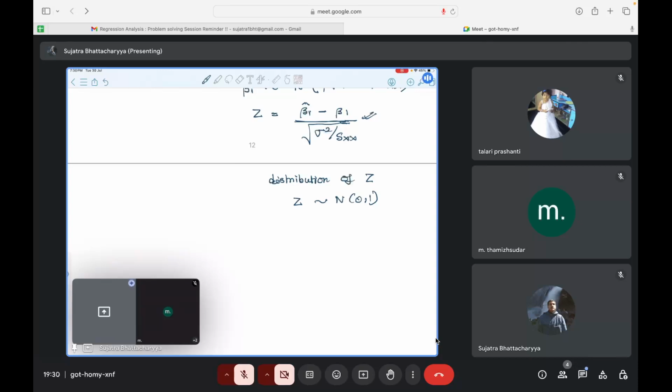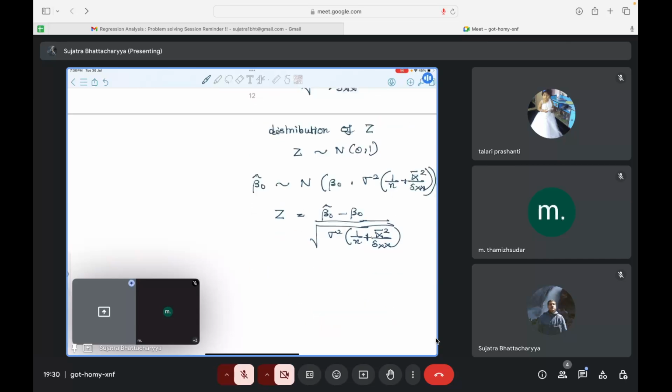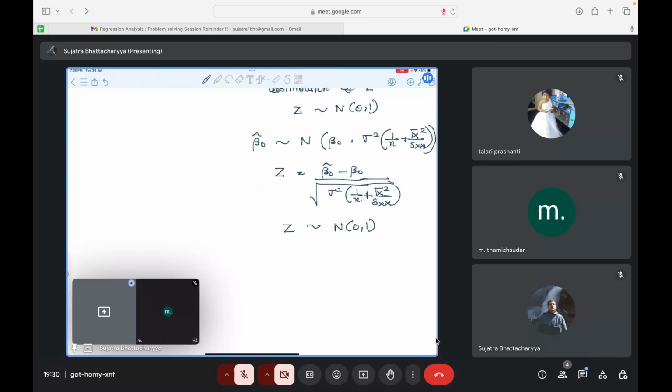Same thing for beta naught cap: its variance is sigma square (1 by n plus x bar square divided by Sxx). Similarly, z is beta naught cap minus beta naught divided by the root of sigma square (1 by n plus x bar square by Sxx). What will be its distribution? Z again is normal 0, 1 based on the same logic. So these are the two things I keep here.